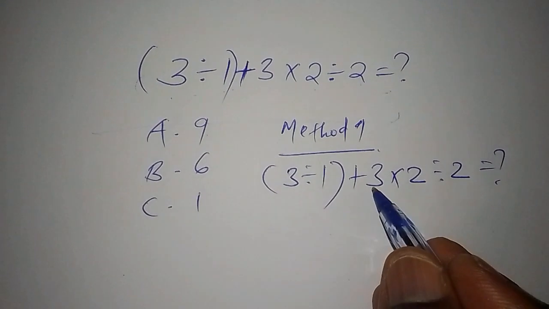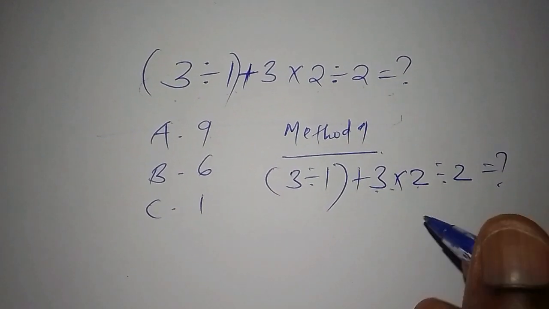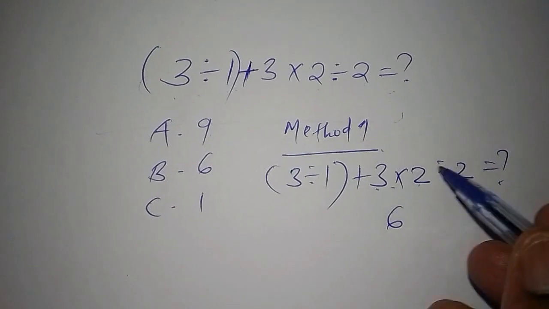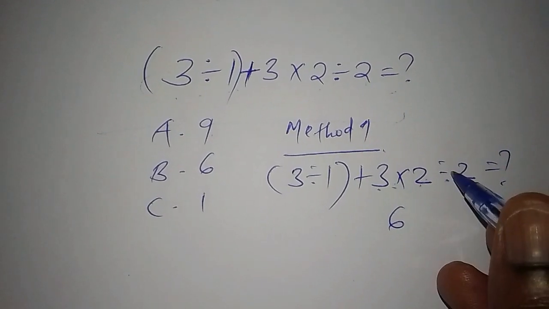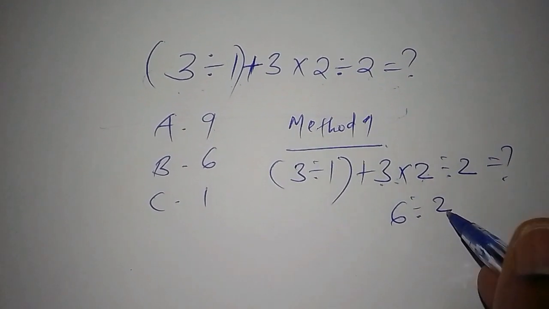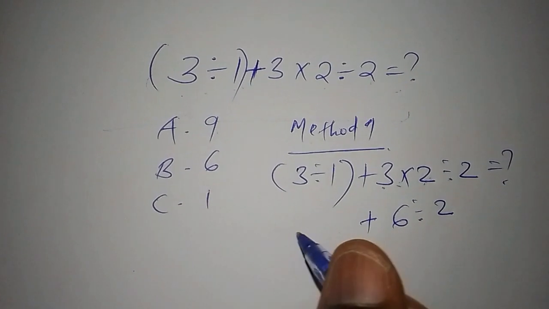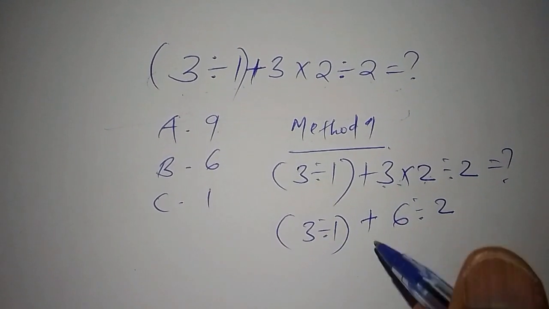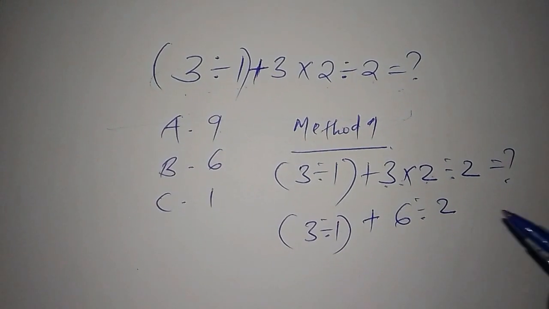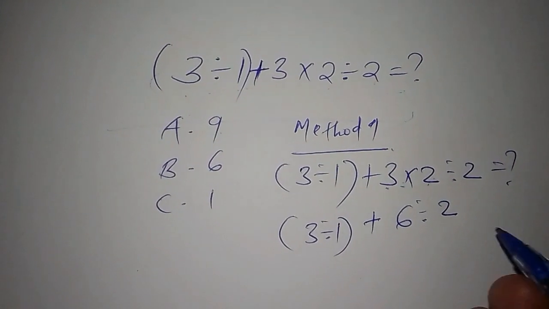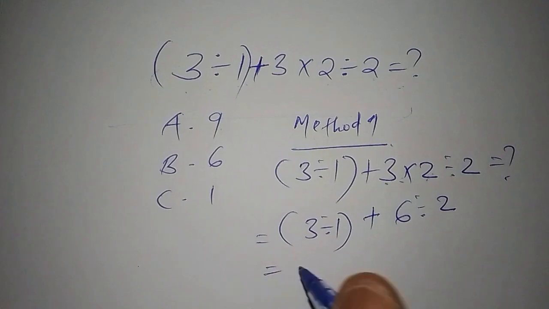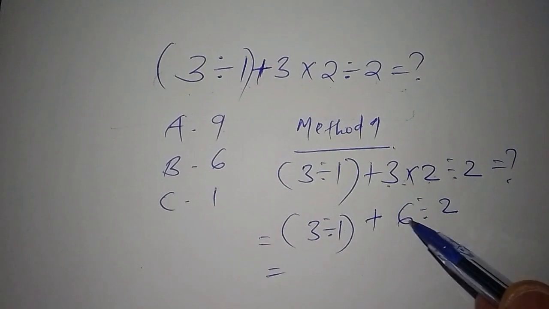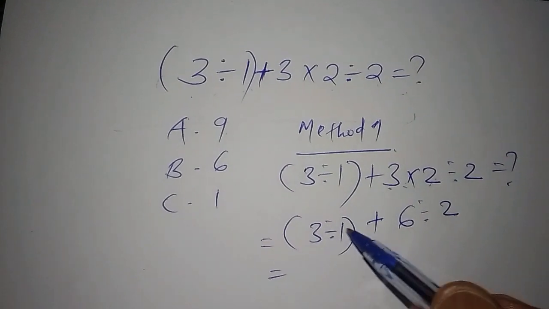It was 3 multiplied by 2, which was 6. Then from there 6 divided by 2. Then you add 2 into bracket 3 divided by 1. So from there we had this method whereby we say that this is equal to 6 divided by 2 and 3 divided by 1.